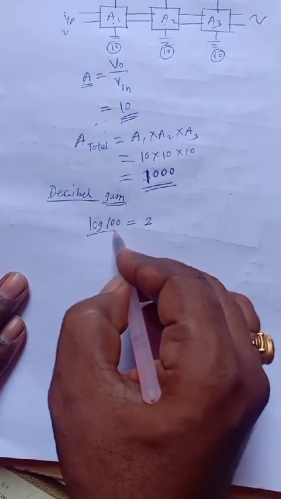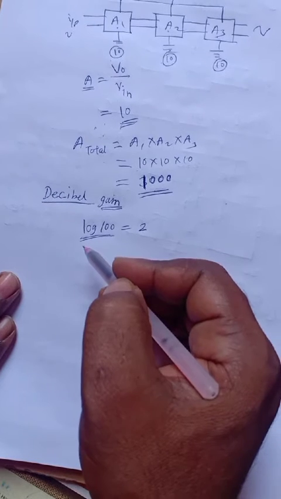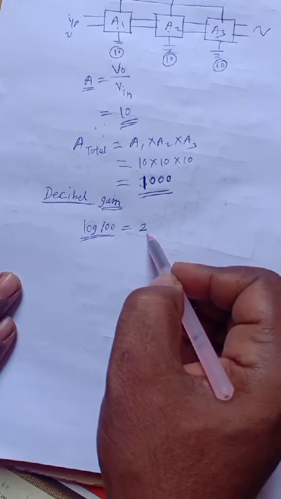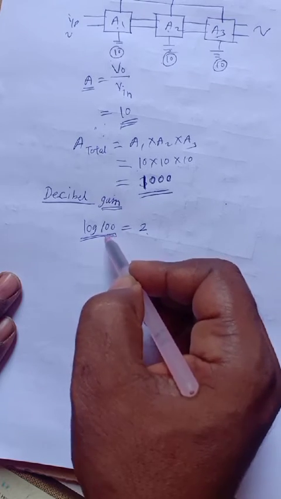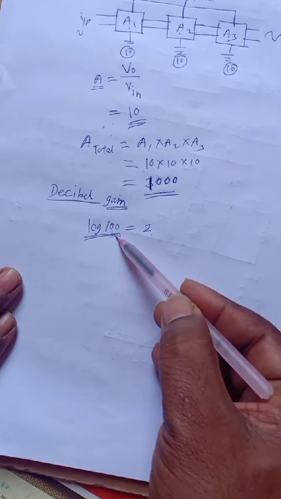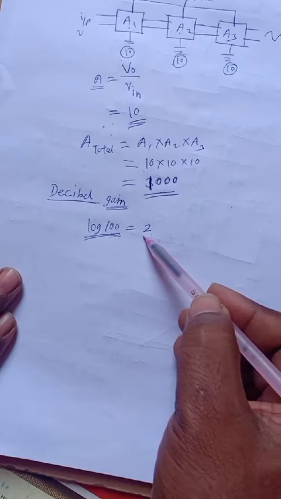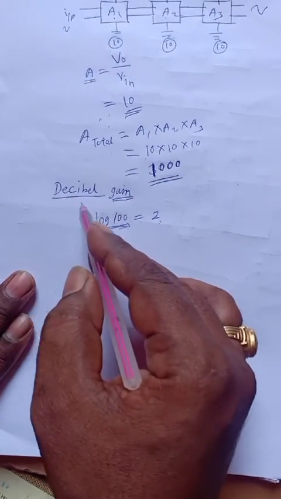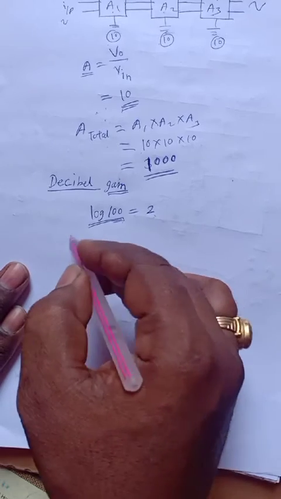So our ear listens to the audio signal on a logarithmic scale. That's why we describe this gain in a logarithmic form.